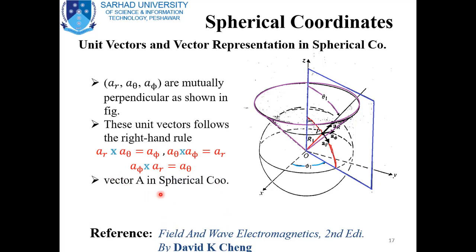If a vector in spherical coordinates has three components, it can be written as A equals Ar ar plus A theta a theta plus A phi a phi, in which the red color represents the base unit vectors of the spherical system, and the black Ar, A theta, A phi are the scalar numbers.